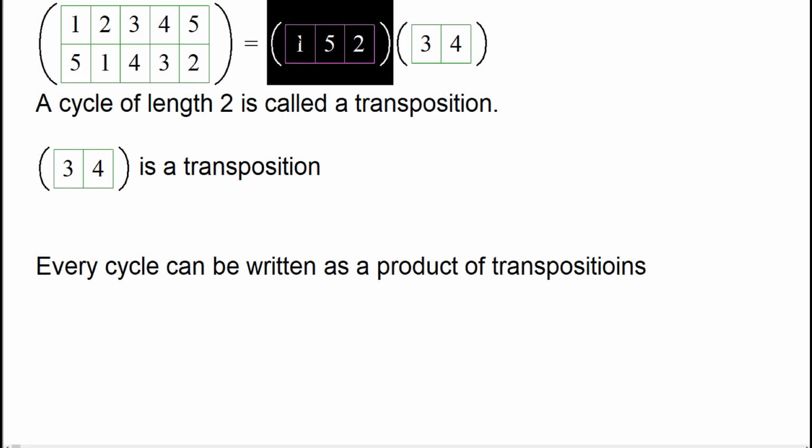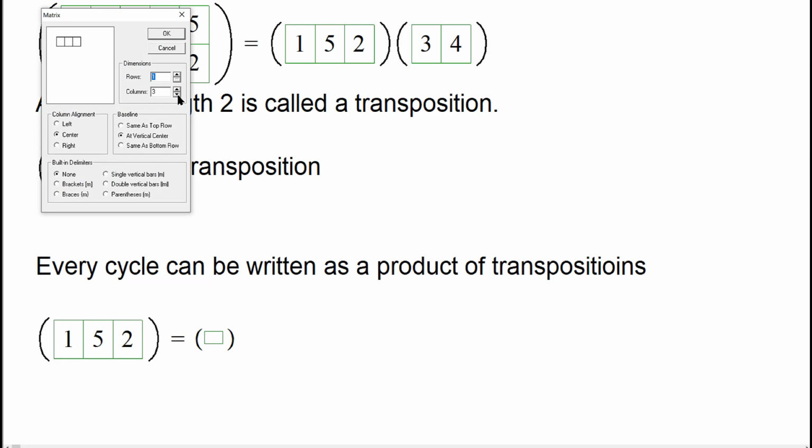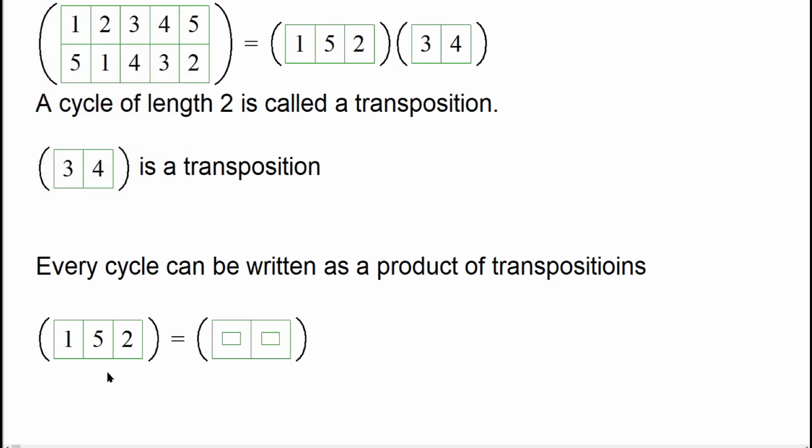For instance, say we take this cycle (1, 5, 2). Now, (3, 4) is already a transposition. So for this one, let's start from the right, because that's how we multiply.